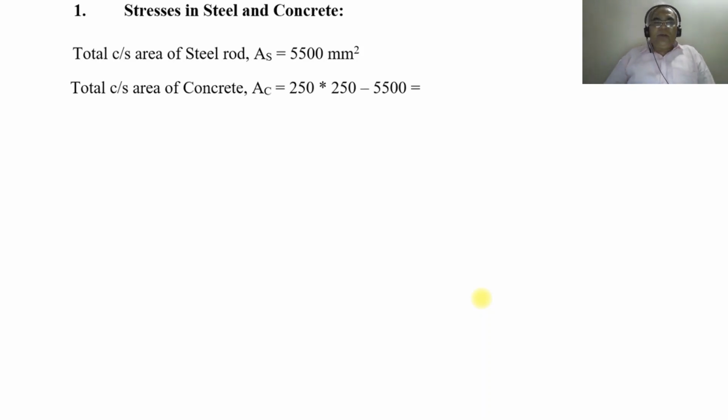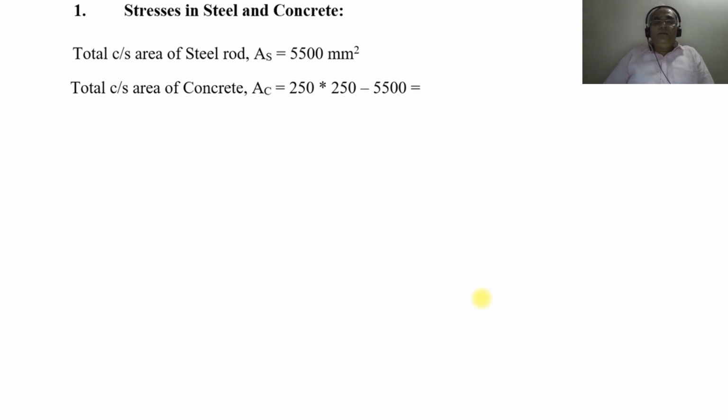Since the steel is reinforced within the concrete, naturally we want the cross-sectional area of the concrete only, without considering the steel. So you first calculate the cross-sectional area of the concrete with steel, and minus the cross-sectional area of the steel. Then it will give you the total cross-sectional area of the concrete.